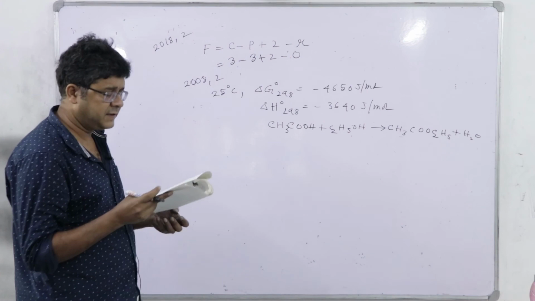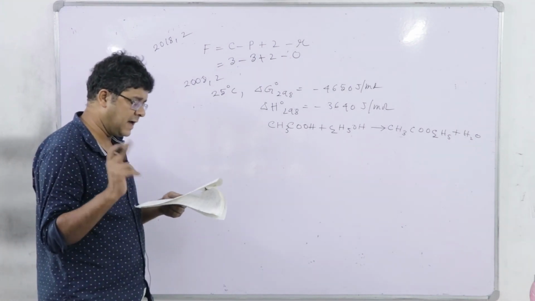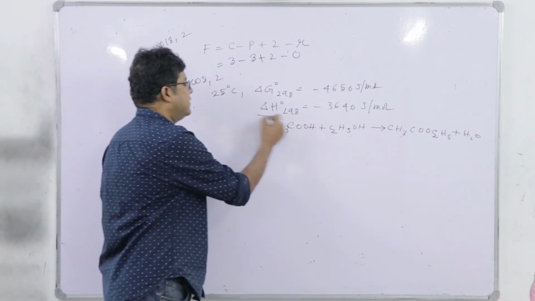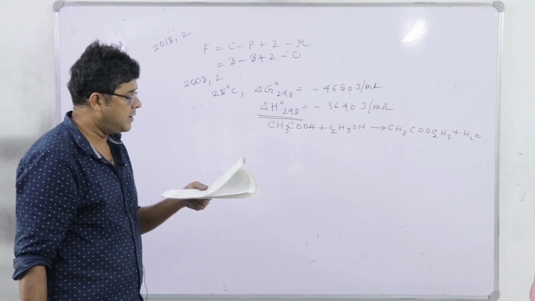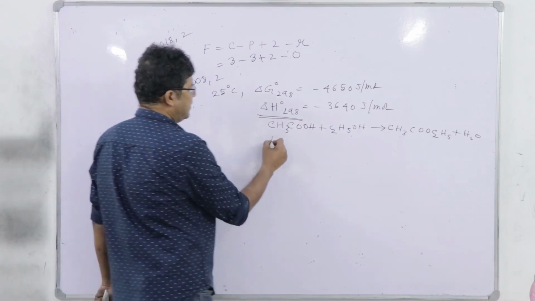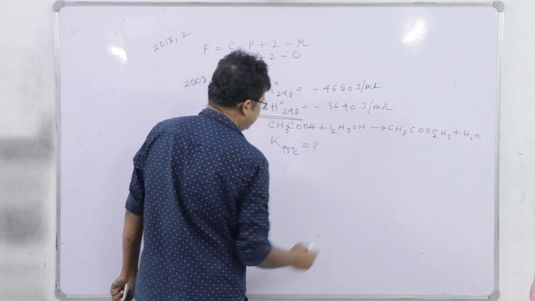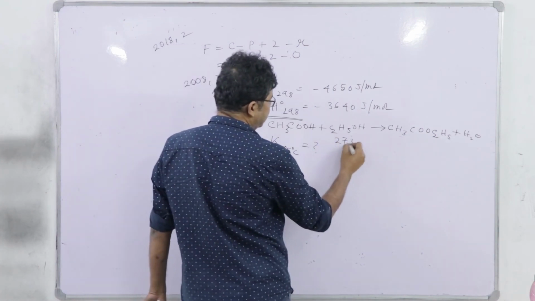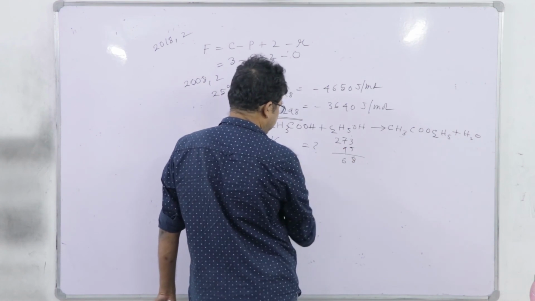If the solution is ideal and the enthalpy change is assumed to be constant, the equilibrium constant at 95 degrees Celsius, so K at 95 degrees Celsius we have to solve. So 273 plus 95 is 368.